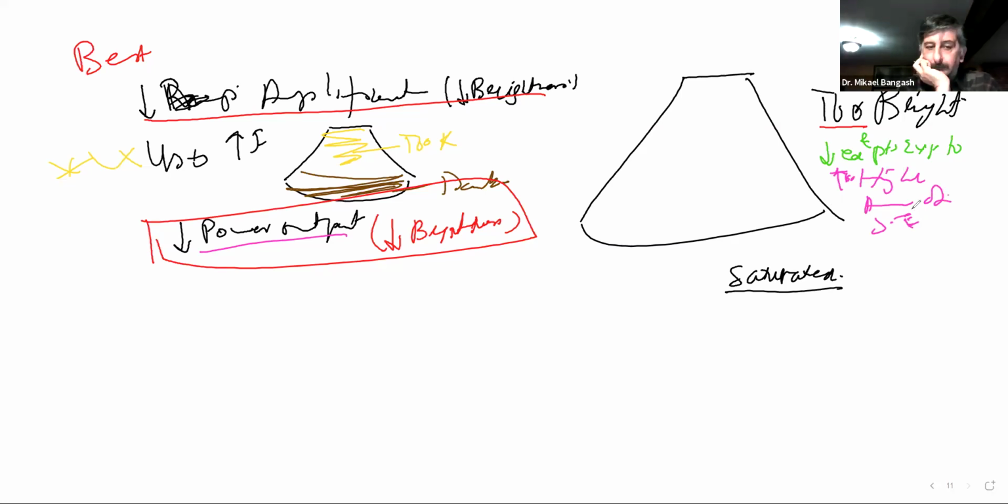Did you guys get that? Yes. Good. Now, guys, if this was not an option, if you didn't have this option, decrease the amplification, if you didn't have this option here, reduce the power output, then the last option, which is adjust reject level.